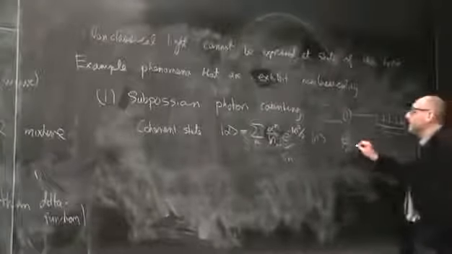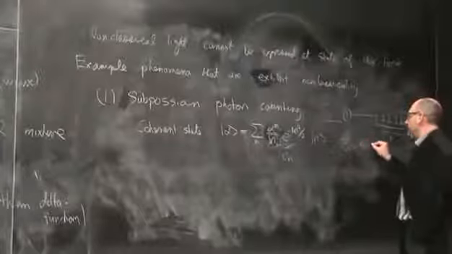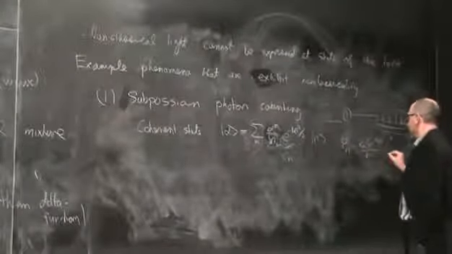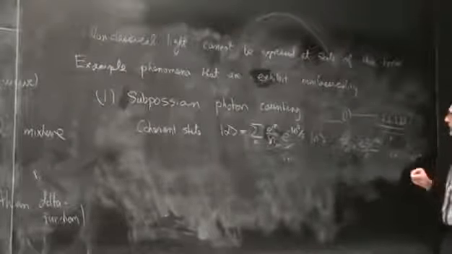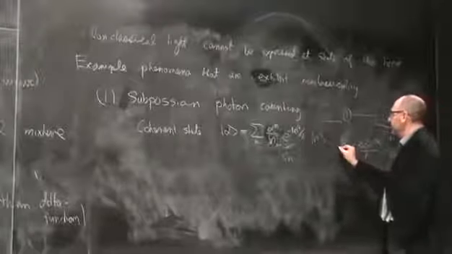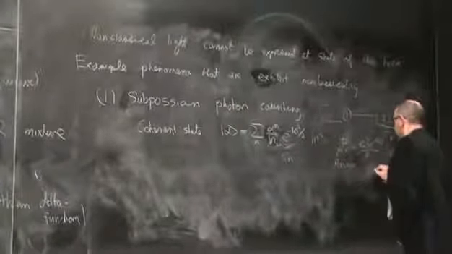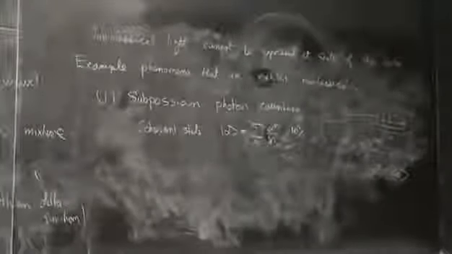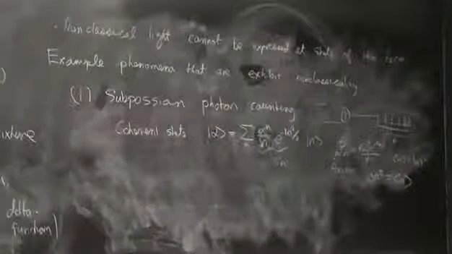And that probability distribution is equal to the average n to the power n, e to the minus average n, over n factorial, where the average n is alpha squared. And this distribution is Poisson, which means that the fluctuation in n is equal to the mean. So the variance in the number of counts you would get in any time interval would be equal to the mean n.